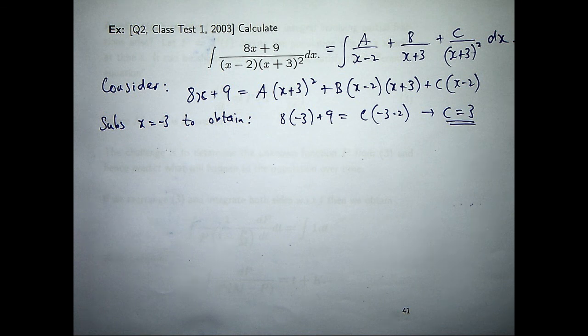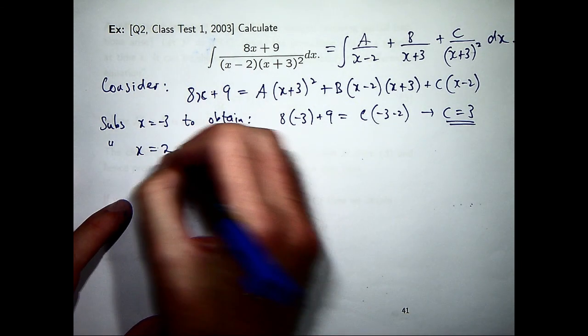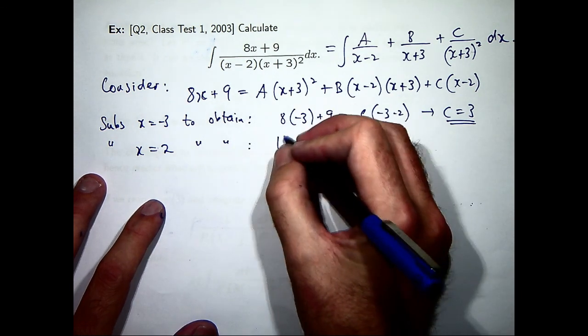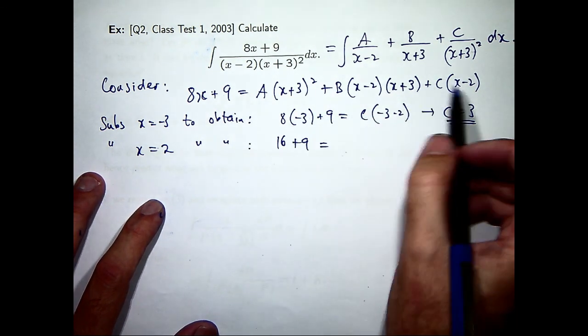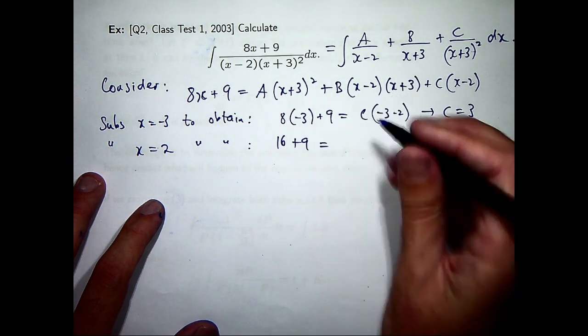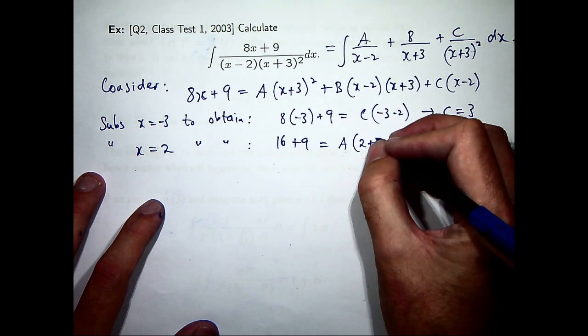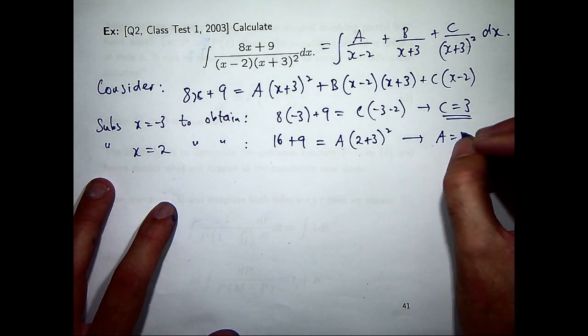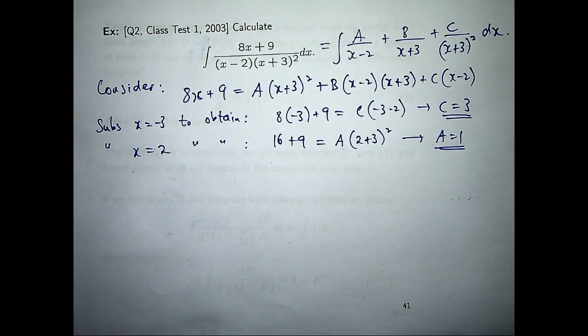Can anyone think of another good value to sub in for x? 2, yes. If we sub in x equals 2, that's going to disappear, that's going to disappear, and we're left with something involving a. If you solve this, we'll get a equals 1. So we've got 2 of our 3 constants. We're feeling pretty good.